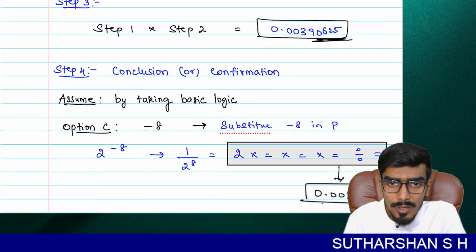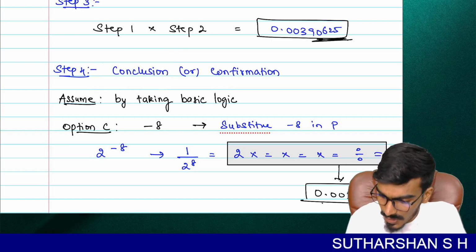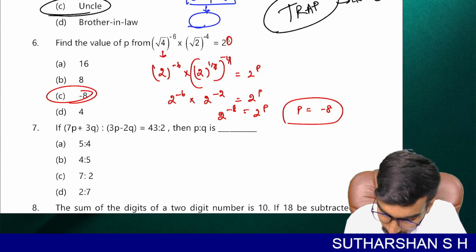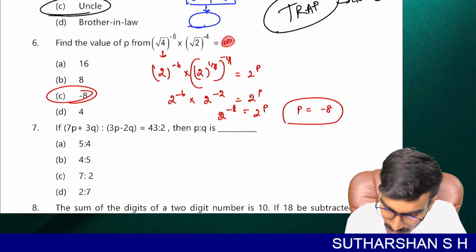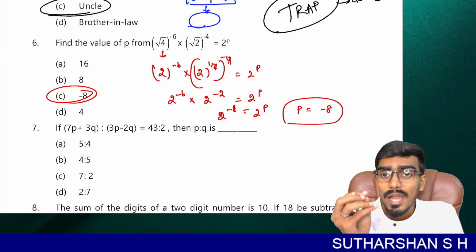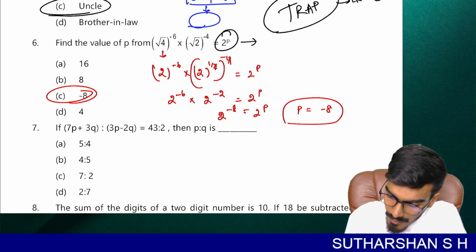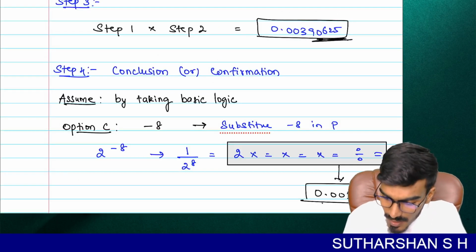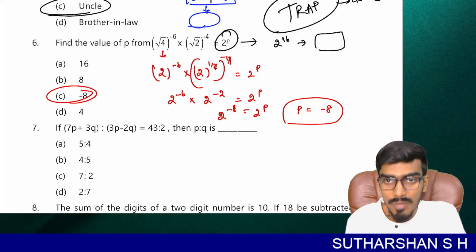Then for confirmation, we will go with the simple logic. See guys, here you are getting 2 power p. What is the main answer we are getting in decimal? If I put 16, I will get a whole number value.